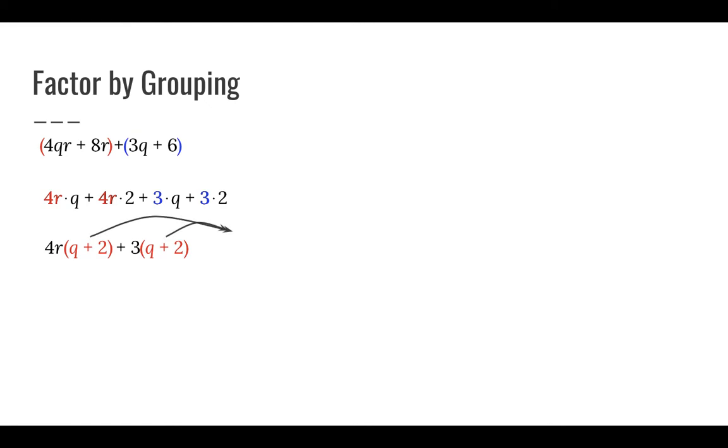And when I factor something out, I only have to write it 1 time. So those go away. Now what I have left over is a 4R and a positive 3. I will group those together to make a second set of parentheses. So this is the factored form of the 4-term polynomial that I had above.